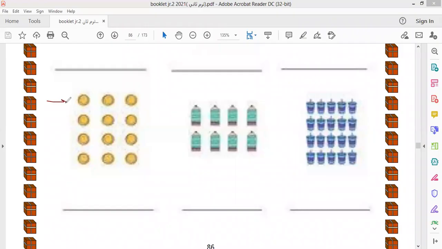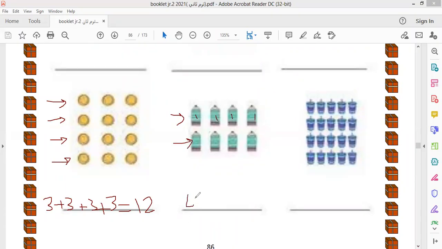Here we have 4 rows and each row have 3. So we write 3 plus 3, repeated 4 times, plus 3 plus 3 equals 12. Here we have 2 rows and each row have what? 1, 2, 3, 4.